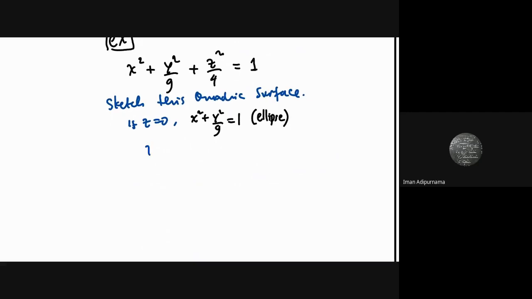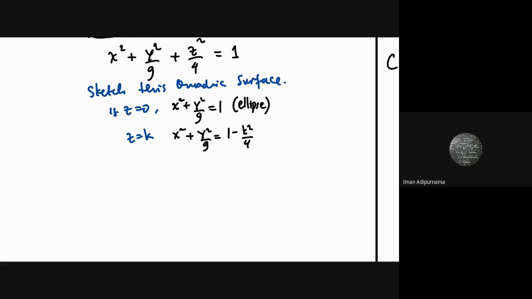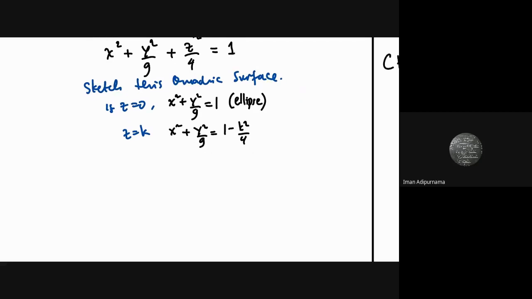And we can also write z is equal to a constant, and we still have an ellipse. It's still an ellipse, but at every level k here, we will have an elliptical trace.